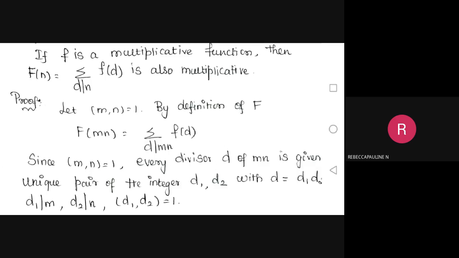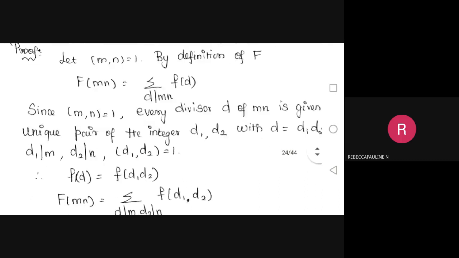Since the GCD between m and n is 1, every divisor of mn gives a unique pair of positive integers d1 and d2, which means d is equal to the product of d1 and d2.